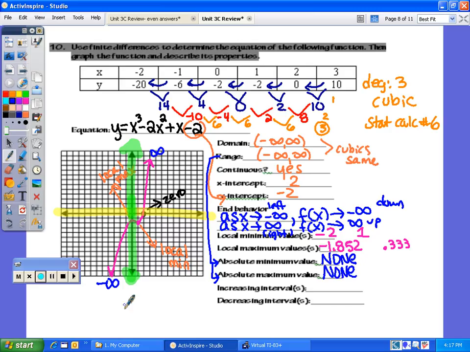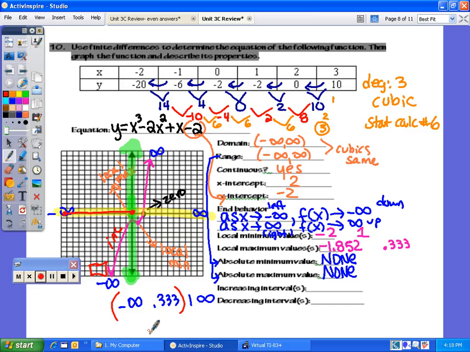Alright, now I'm going to write my 4 x values from left to right in order. And then I'm going to make my pairs. My first pair goes from negative infinity to 0.333. If this is the seat on the roller coaster, I'm increasing.